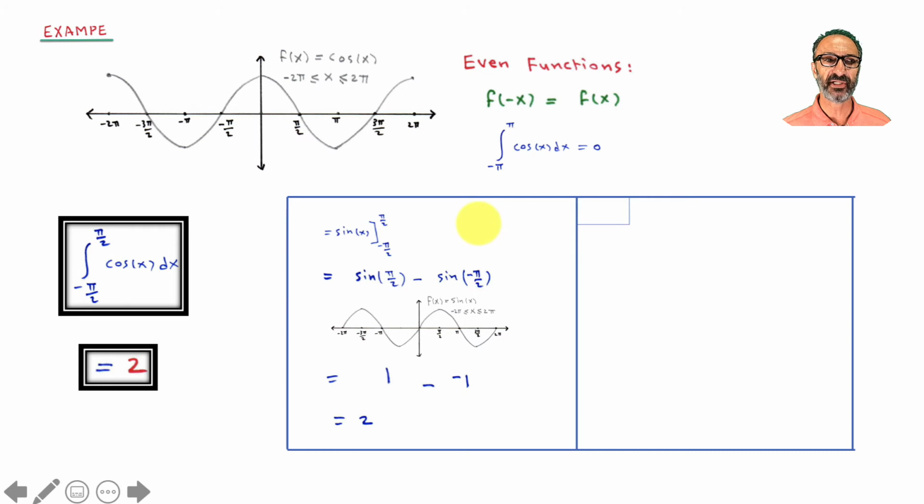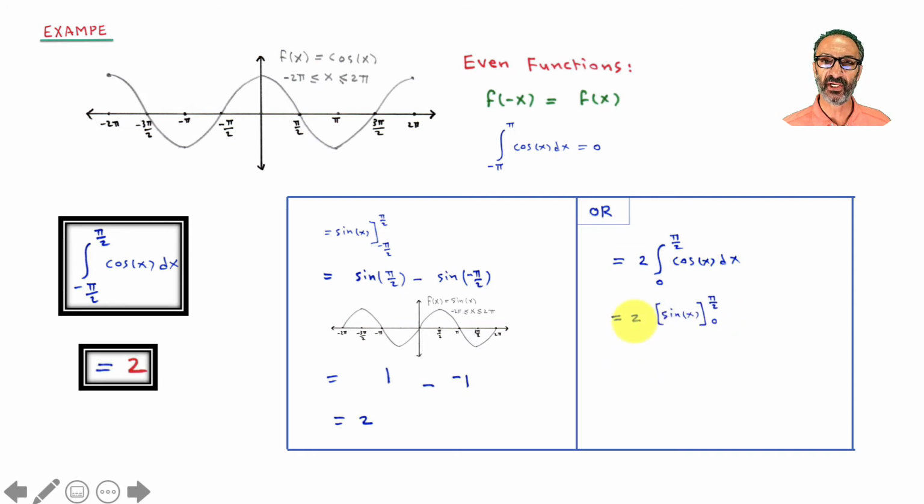Now we are in a topic that's not called the fundamental theorem, it's called even functions. So I'm going to use the even functions concept. Cosine is even, and we're going from the same amount to the left to the same amount to the right, negative a to a. So I'm going to use the concept of 2 times the integral from 0 to pi over 2. One more time, the integral of cosine is sine, because the derivative of sine is cosine.